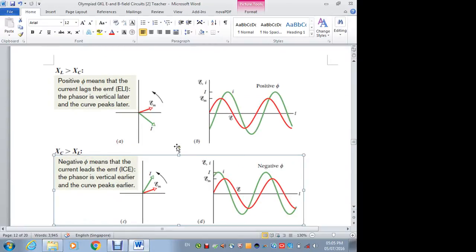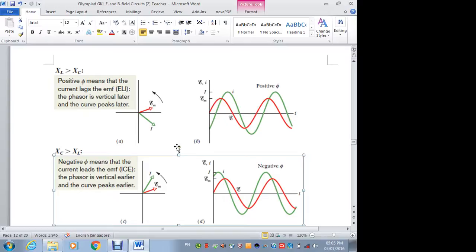Now, we have some cases, XL more than XC, and XC more than XL. For this one you have to just refer back to the phasor diagram.